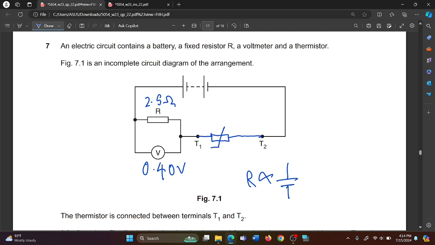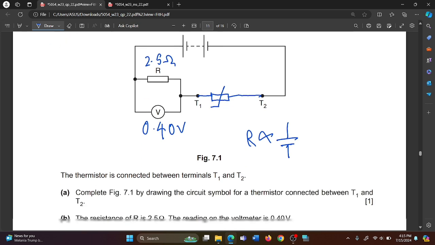It's the opposite of any other conductor. Any other conductor would have resistance increasing with temperature, but for a thermistor, it's the opposite. Resistance is inversely proportional to temperature. Thus, as the temperature increases, resistance must decrease.